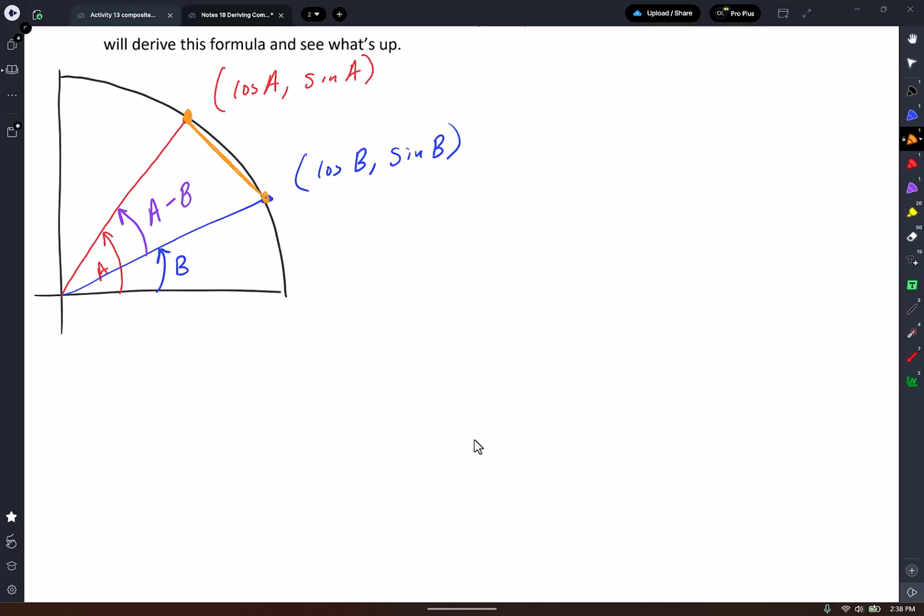So that means I can draw a reference triangle in here, a right triangle. There's my right triangle. Do you guys see that? This distance here, we're going to call the horizontal displacement.